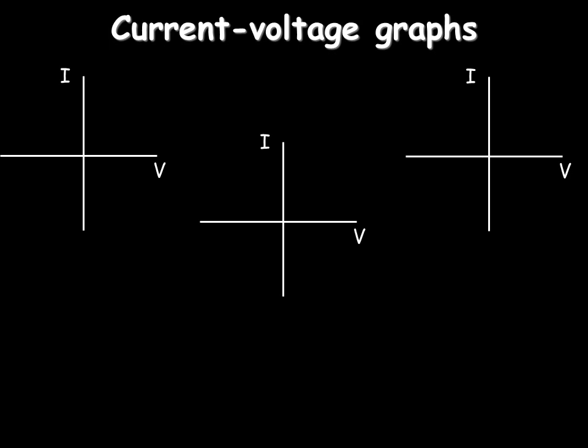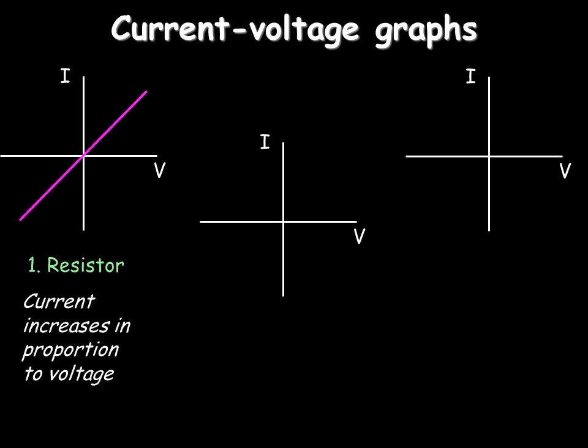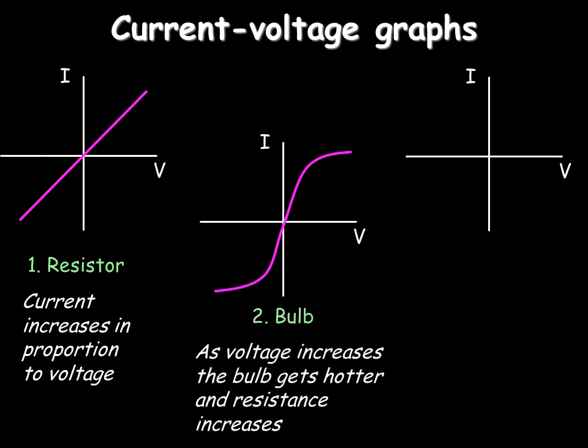If we measured the current and the voltage for each one, then for a resistor, they are proportional. So if you double the voltage, you'll get double the current, which makes sense. For a bulb, it tries to do the same, but as you get more current through it, it gets hotter and hotter and hotter. The atoms vibrate around more, and what actually happens is this causes more resistance.